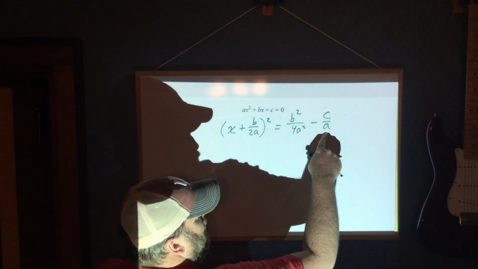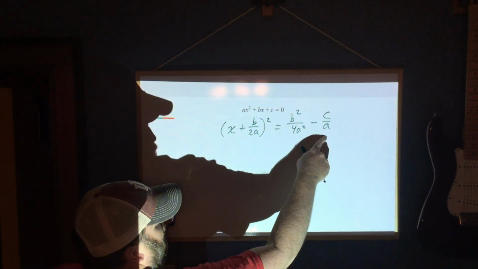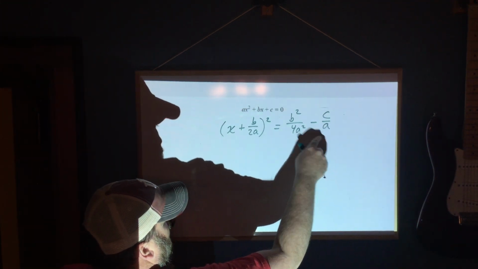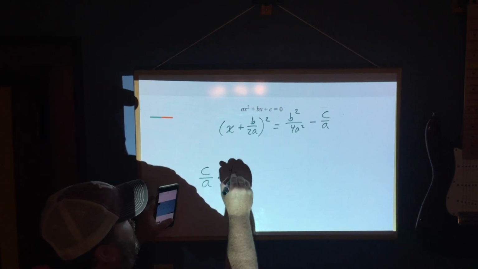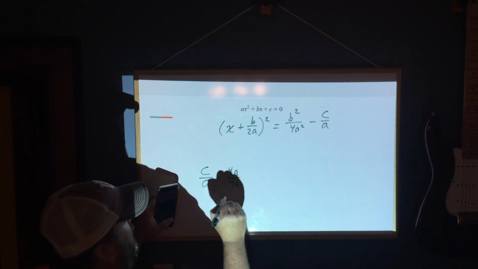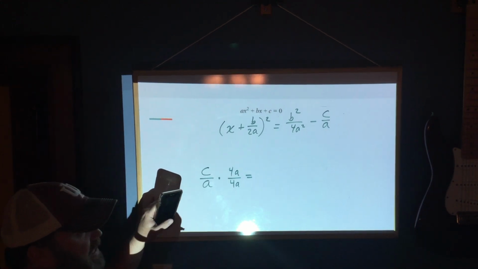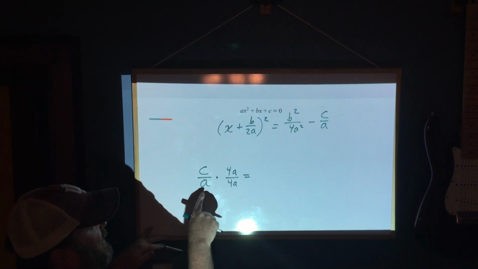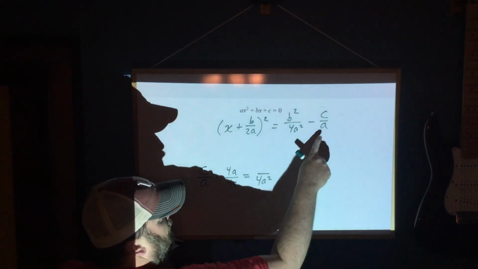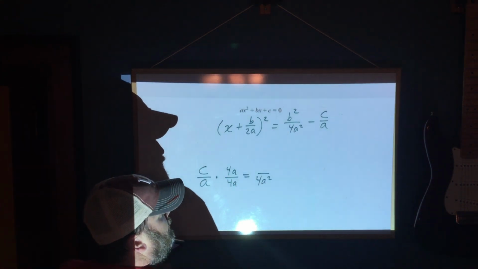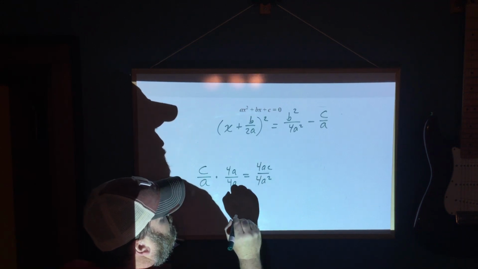The denominator here is just A. So in order to make those have the same denominator, I'm going to make this one 4A squared. So C over A times 4A over 4A. Again, that's something over itself, so that's just like multiplying by 1. But if I take A times 4A, I get 4A squared. So this term and this term will now have the same denominator. C times 4A is 4AC.